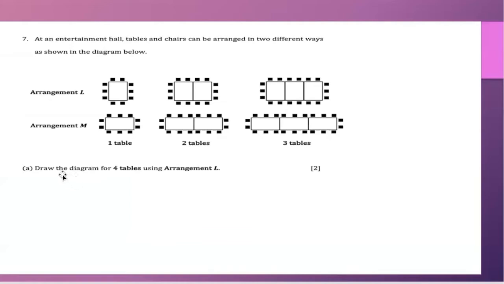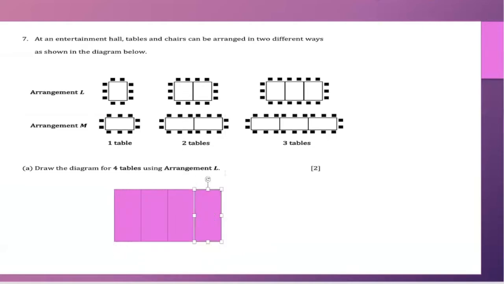So it states, draw the diagram for four tables using the arrangement of L. So I am going to just go ahead and draw the diagram. Now for this arrangement, I am just going to use, so this is 1, 2, 3, and 4.